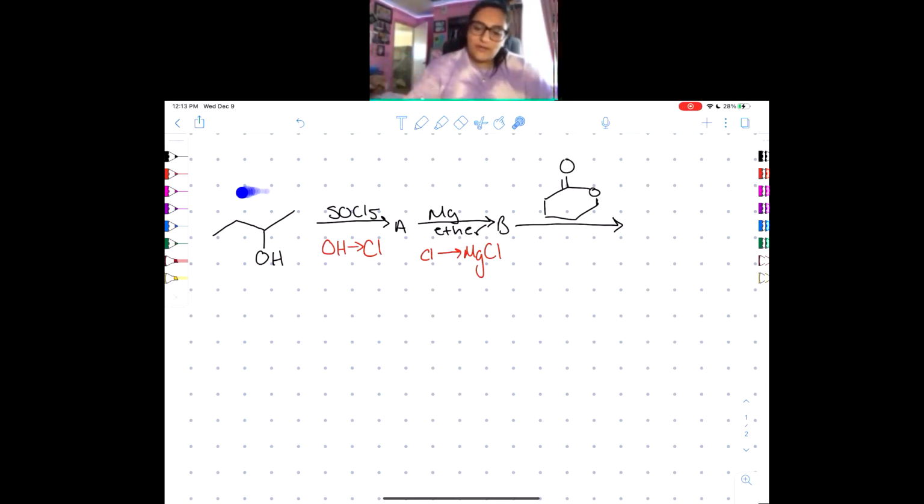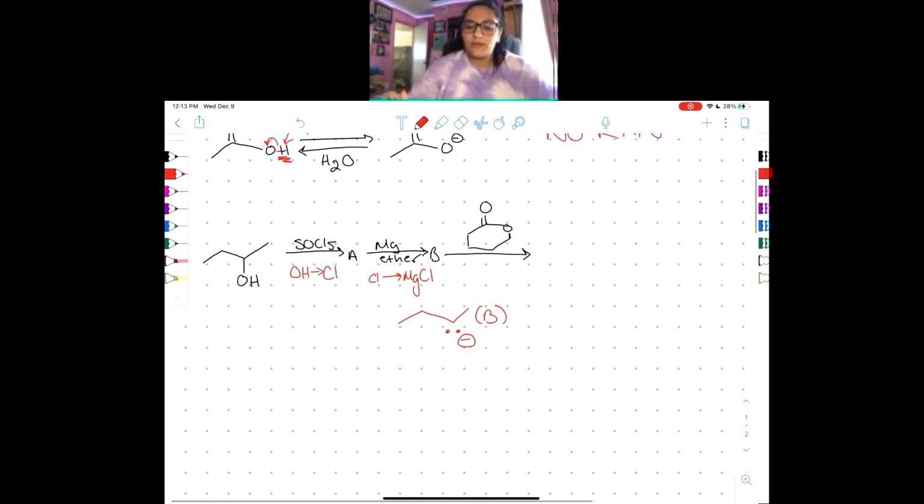So we went from this alcohol to this Grignard reagent. So this is B. And then we're going to react that with this thing right here.